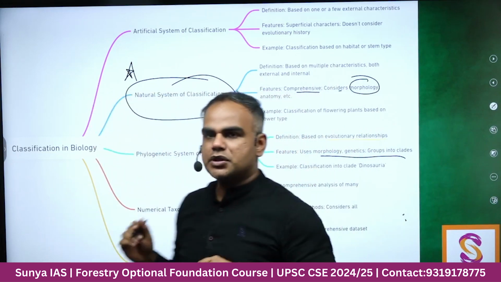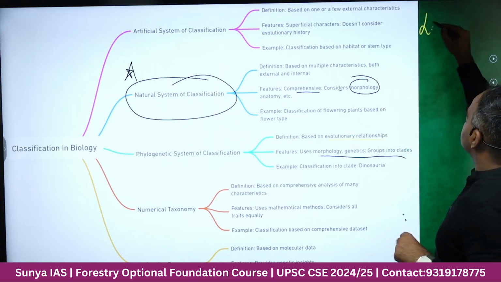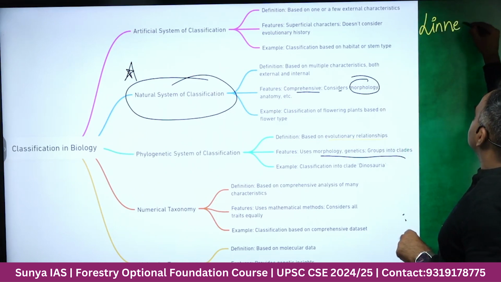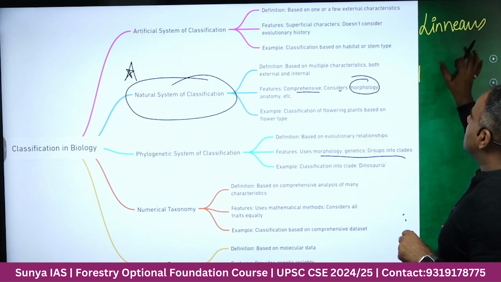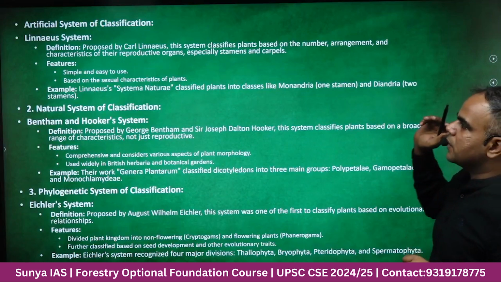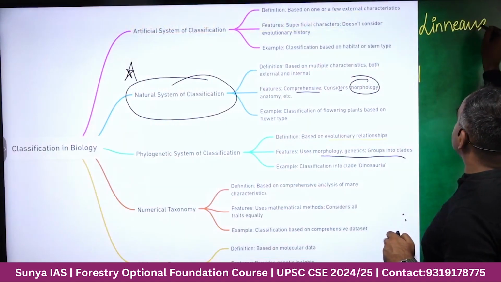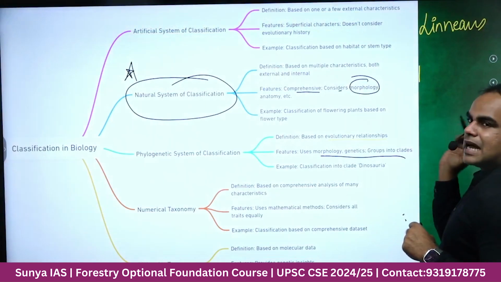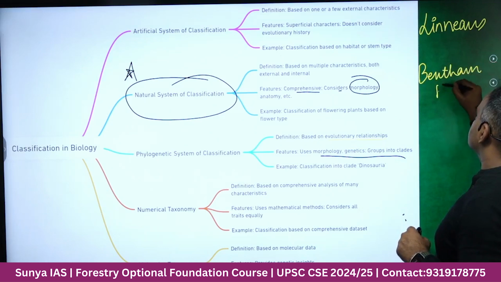Now here I will just write the name of the famous botanists, please pardon me for the spelling if there is something, because I'm writing this very fast. So Linnaeus, we'll also see about Linnaeus. Linnaeus, this should be A-E-U-S, Linnaeus system. In natural, I will write here Bentham and Hooker classification, which is the most famous one.